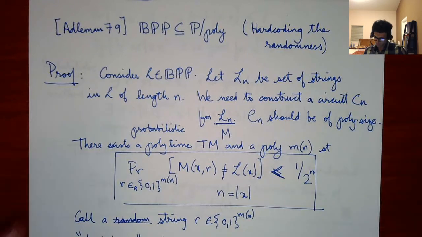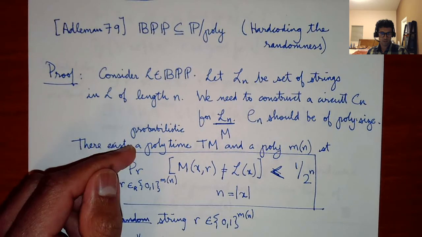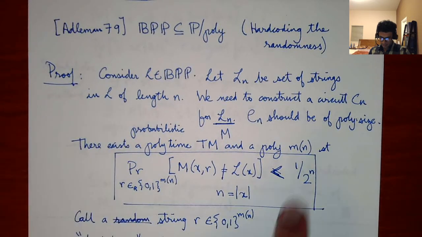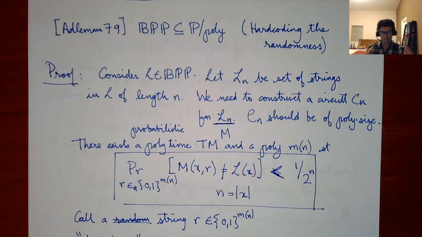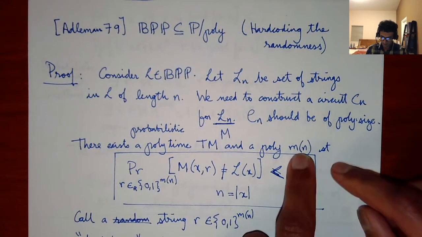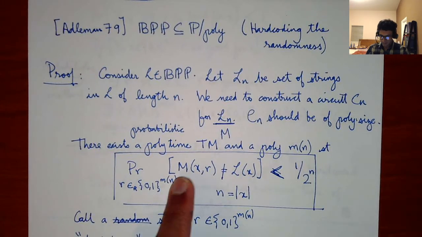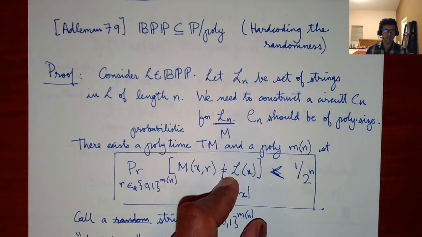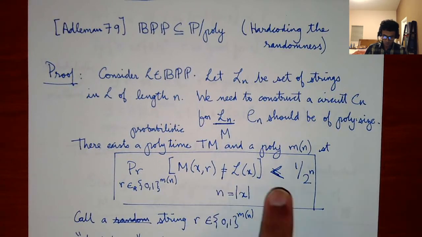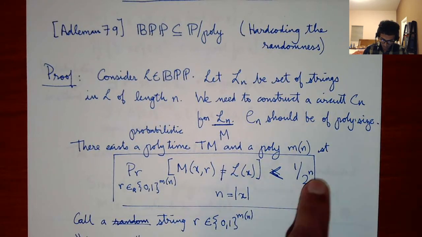Since L is in BPP, we know that there is a probabilistic polynomial Turing machine M and a polynomial m(n), the size of the random seed, such that M(x, R) is not equal to L(x), meaning that it makes an error with probability at most 1 divided by 2 to the n, where n is the length.